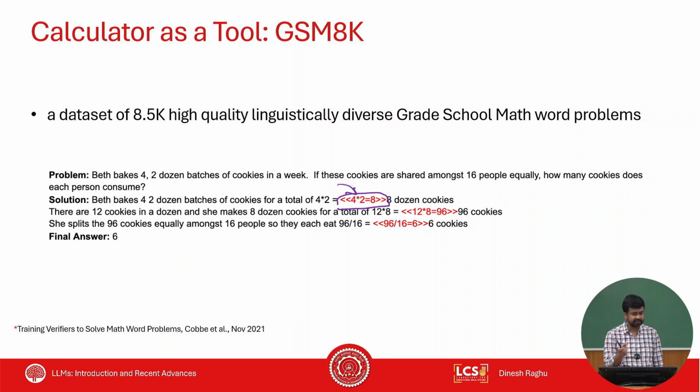So what they decided is, let's annotate and then let's make the model generate something like this until this equal to sign, like from here till here, and then we'll execute this with a calculator and then see how the model does. So that's exactly what they did.